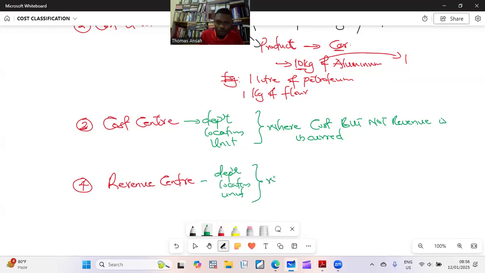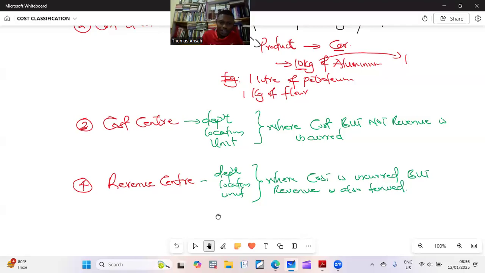So where cost is incurred, but revenue is also derived. Not only where you spend, but you also derive revenue. All right, so that is that.